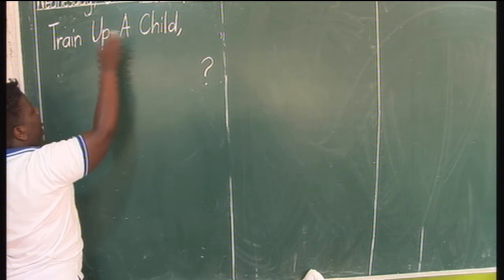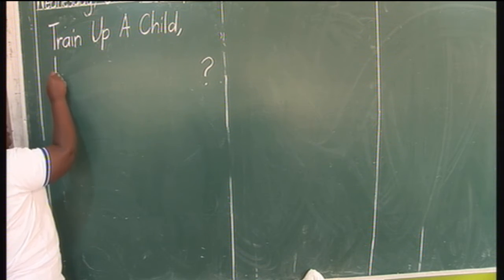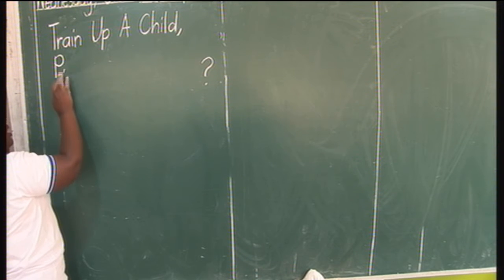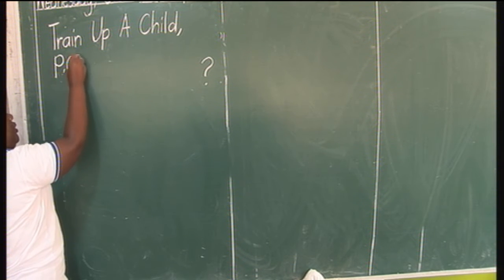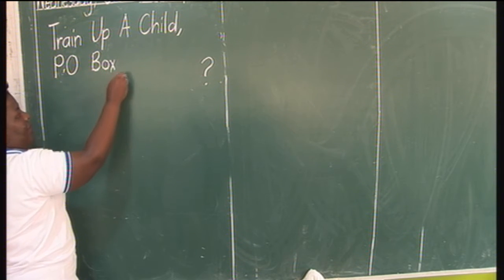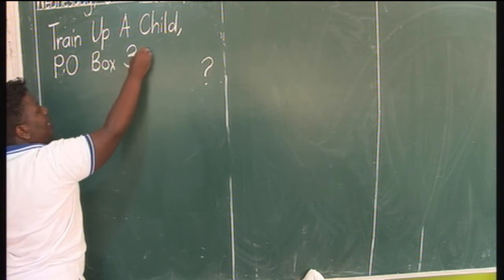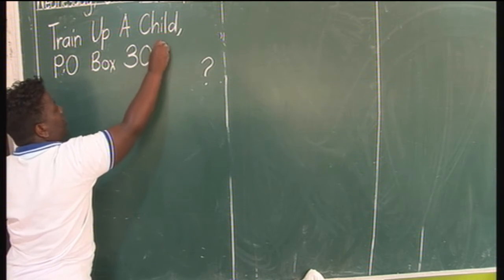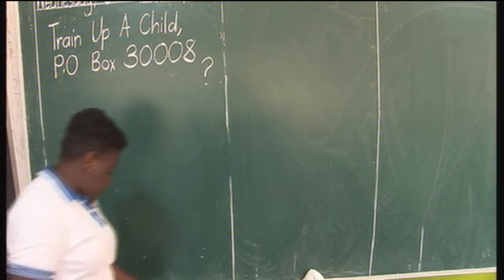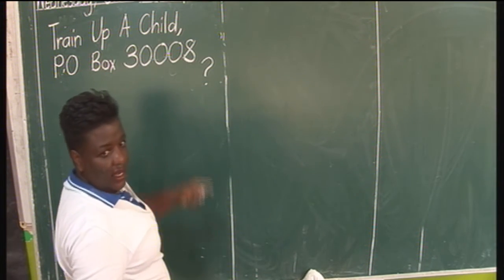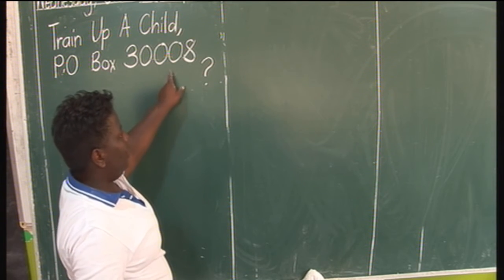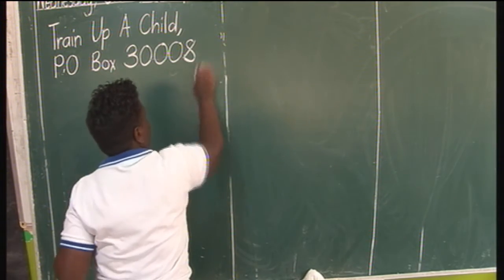Train Up a Child, comma, P.O. box. Here there is a dot in P.O. box. What is our box number? I think it is 30008. That's our box number. If you want to write a letter and you want to post it, to use a post office, this is the box number.